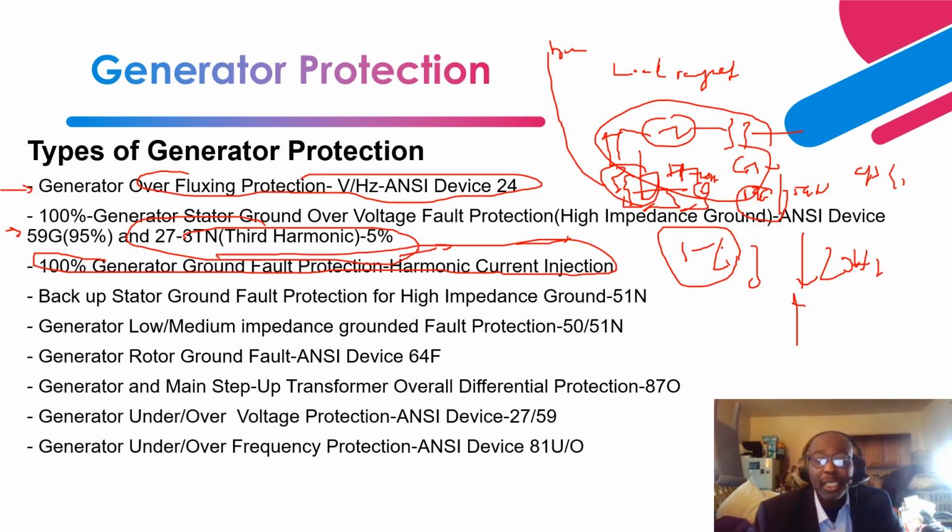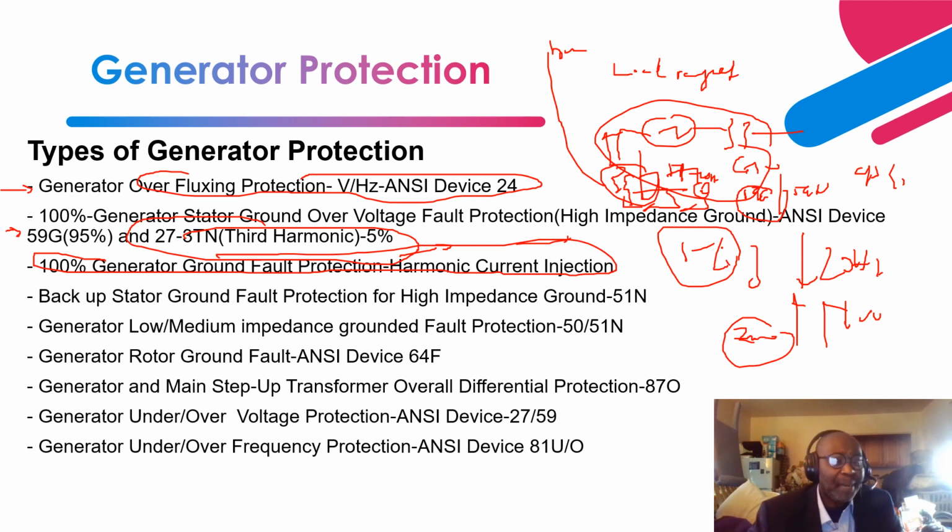It's basically a real-time, online measurement. During a ground fault, this injected current gives back a voltage, and based on the impedance that is measured, it will detect a ground fault.